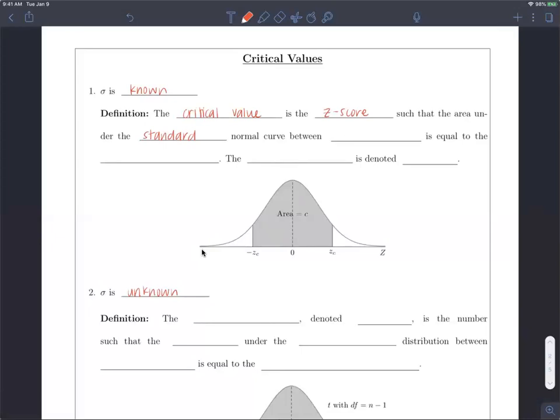And so it's the z-score such that the area between negative z and z is equal to the confidence level. We've already talked about the critical value, just in a different kind of setting, right? And so we're still going to use the same notation, which is z sub c.